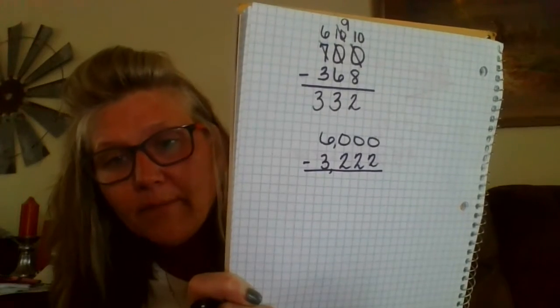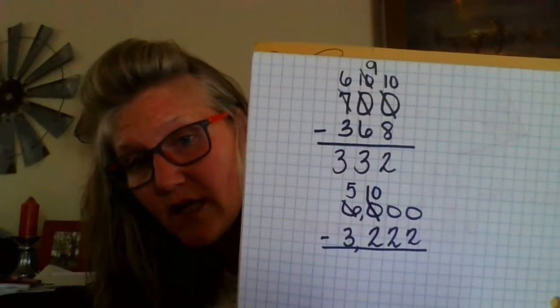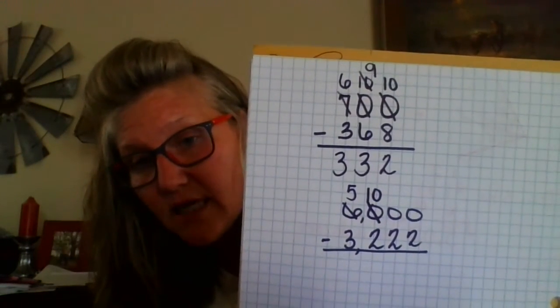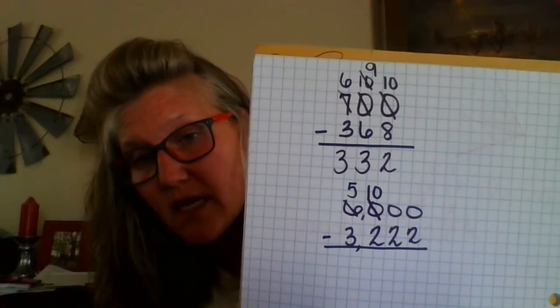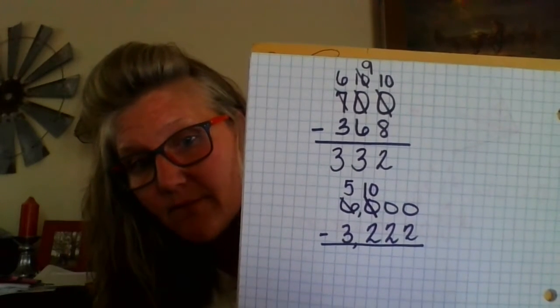And so what happens is you're going to make that 6 into a 5 because 6 minus 1 is 5. That 0 that's in my hundreds place becomes a 10 because that 1 that I borrowed, I put in front of that 0, okay? So now that becomes a 10.